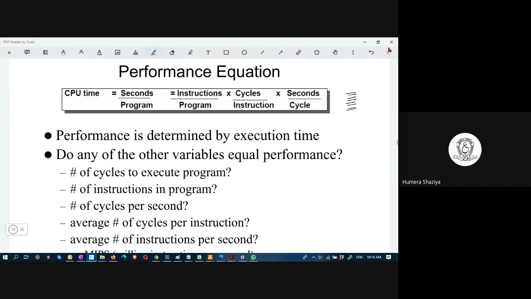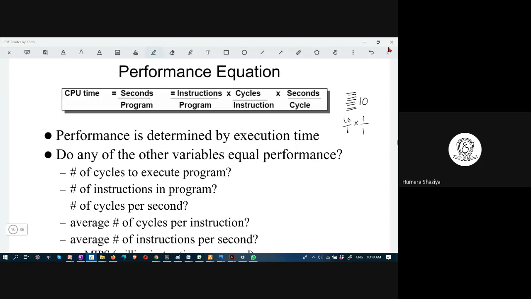How many instructions are there in that program? Let us consider 10 instructions. So per program, 10 instructions, this would be 10 by 1, into cycles per instruction. Per instruction, how many cycles are required? CPU cycles. Let us say one cycle.